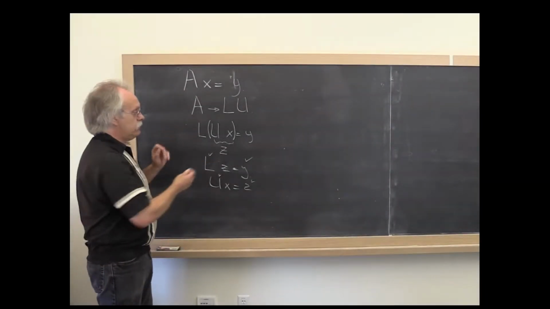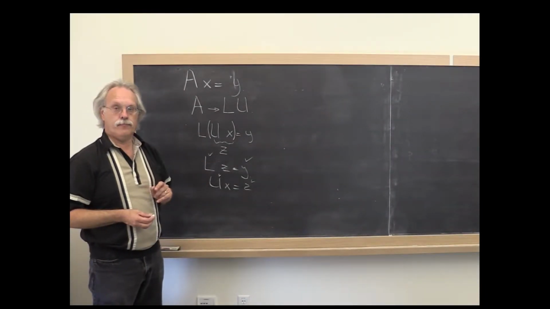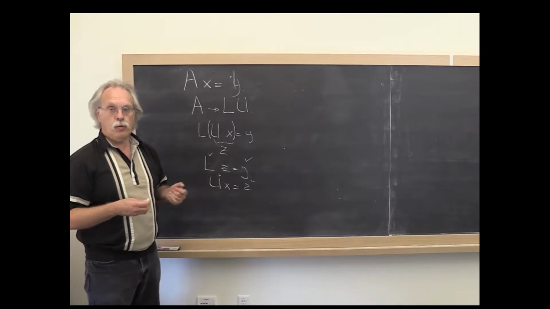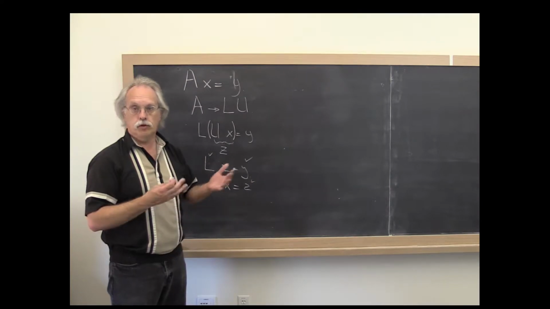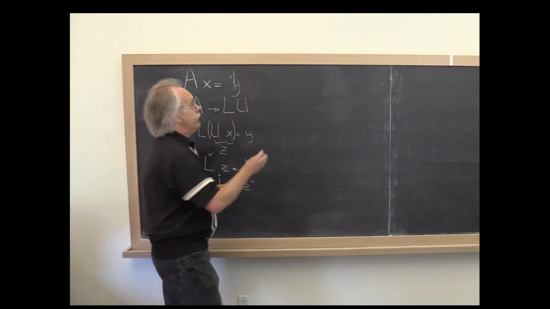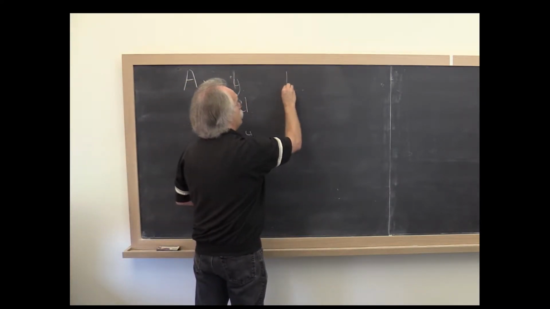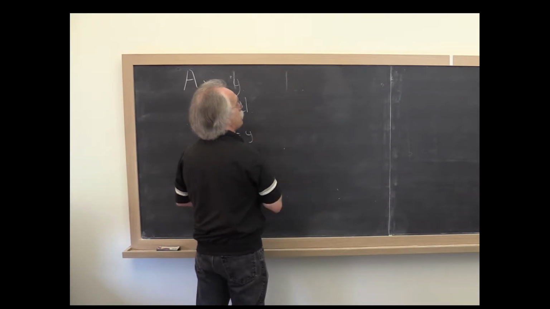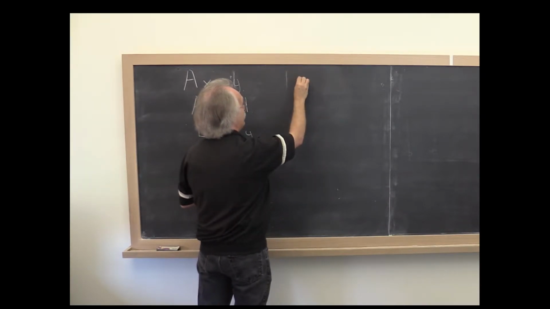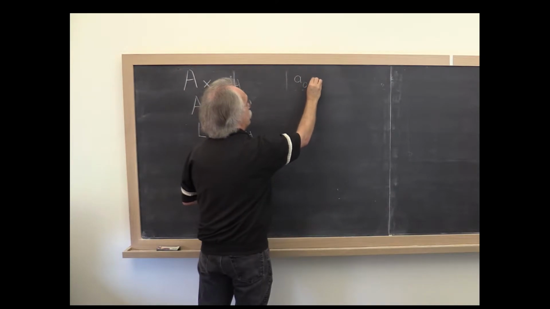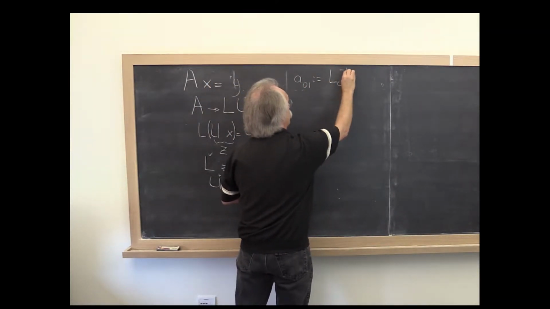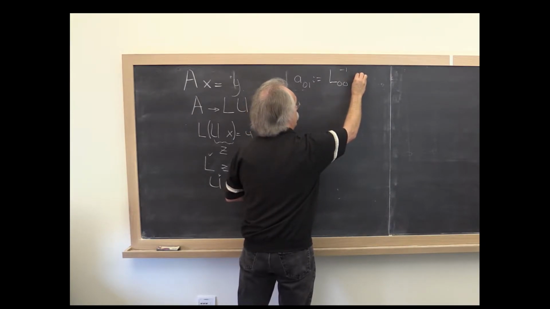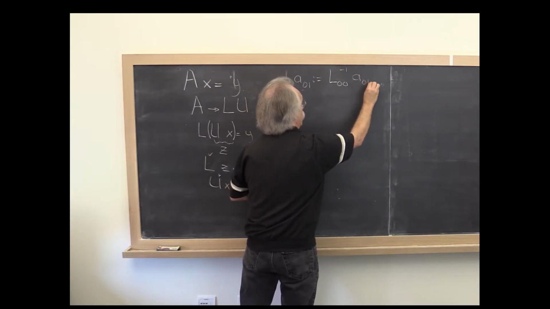We actually ran into some of this already before. For example, when we discussed algorithmic variant 1, the one that was derived from loop invariant 1, at some point we had to compute what in the end we stated as A01 becomes L00 inverse times A01.